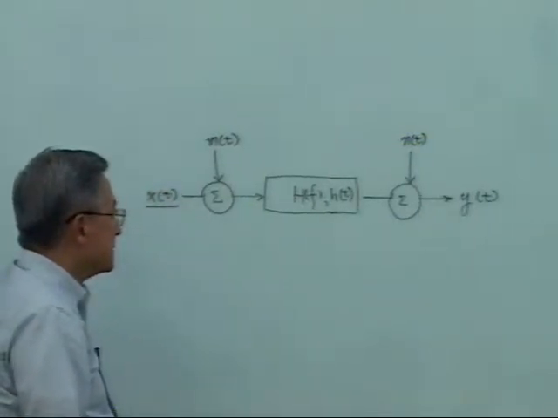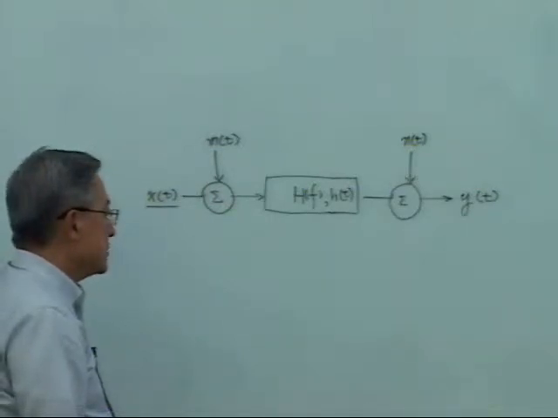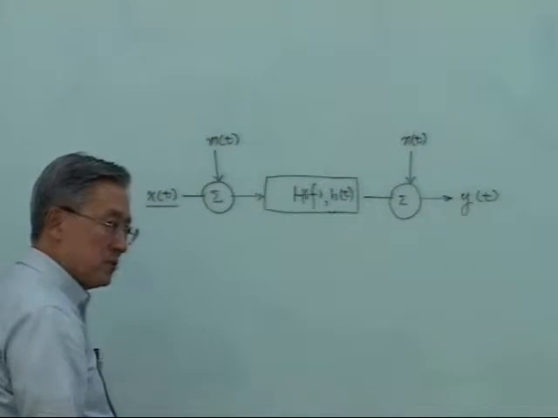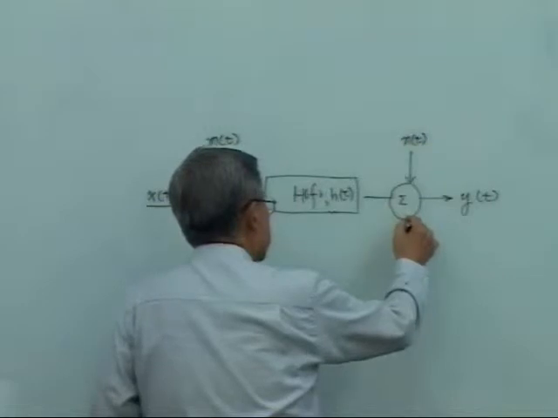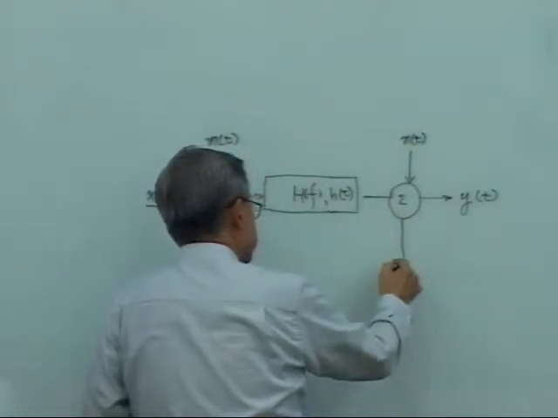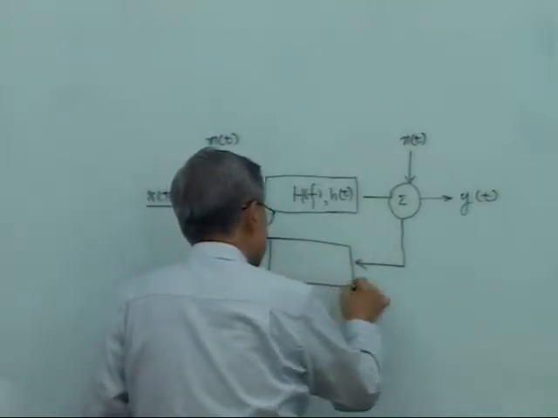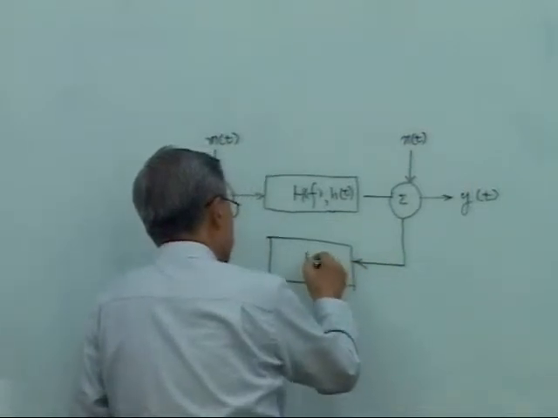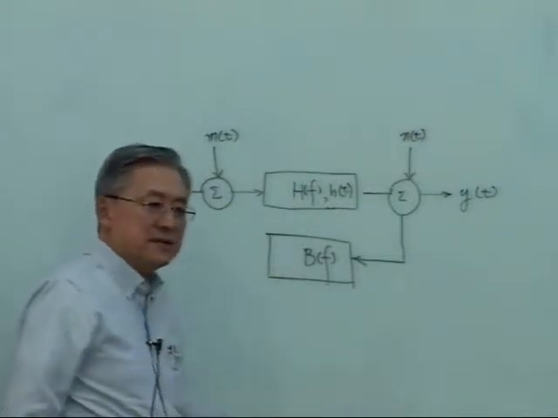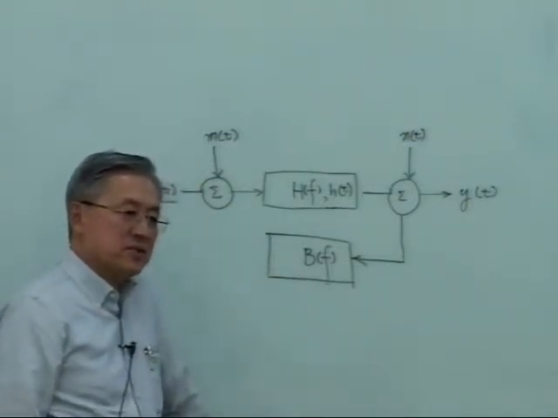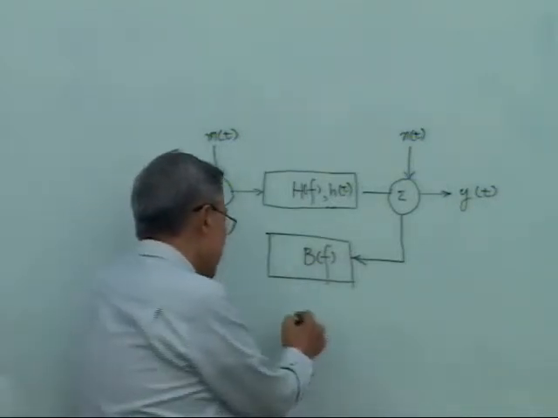And another kind we introduced was a feedback system, a feedback loop, like a negative feedback. Here I usually use B. Then you can designate the type of the feedback system as a white noise. Constant, okay? What does it mean, constant?